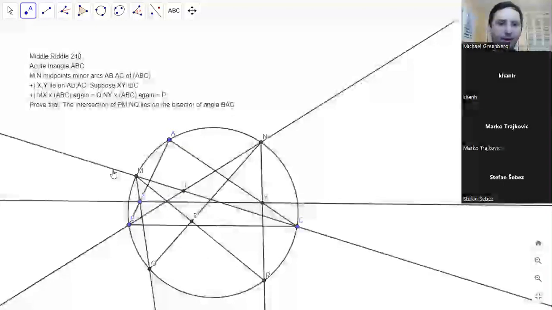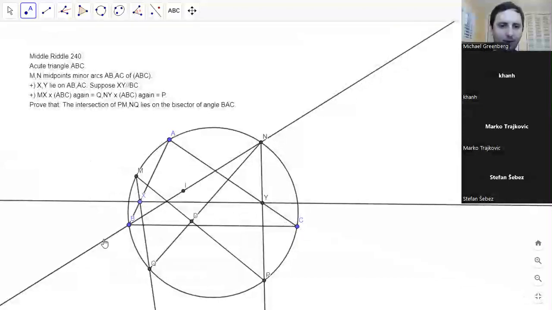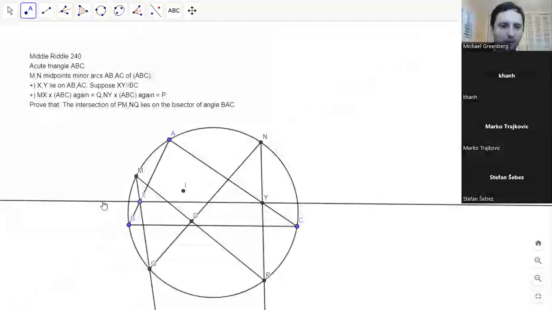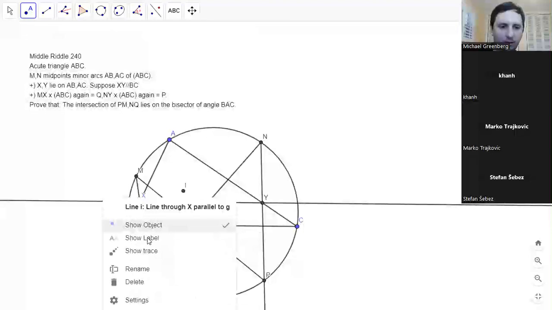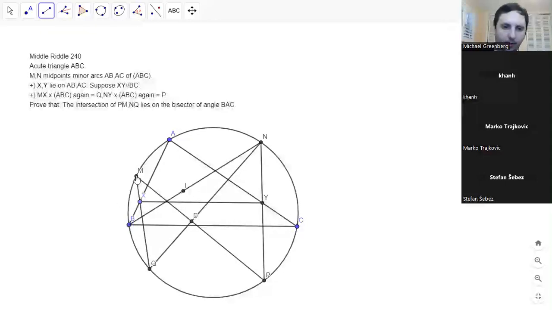This almost looks like Pascal's theorem a little bit. Right. Looks like if we apply Pascal's theorem right, maybe it would help.